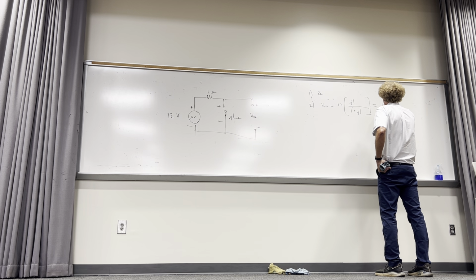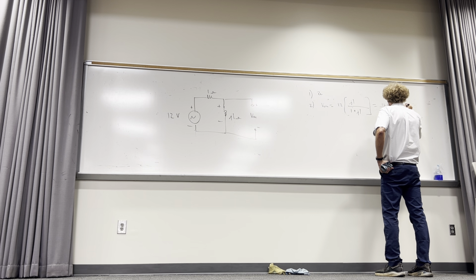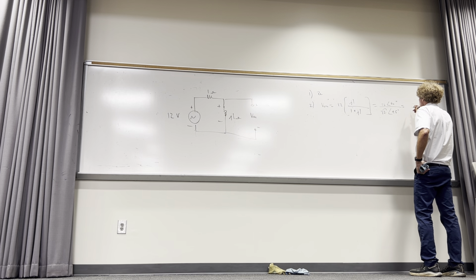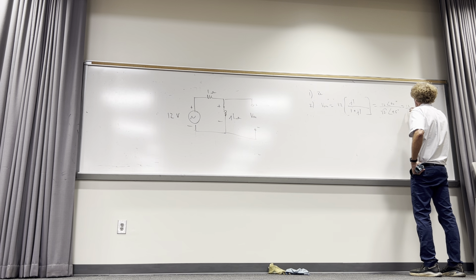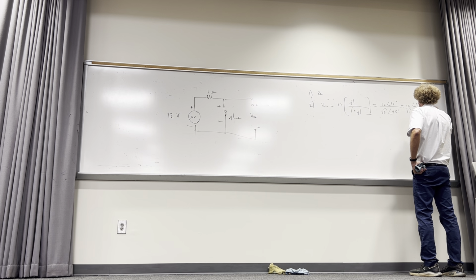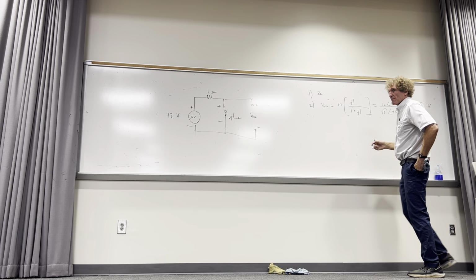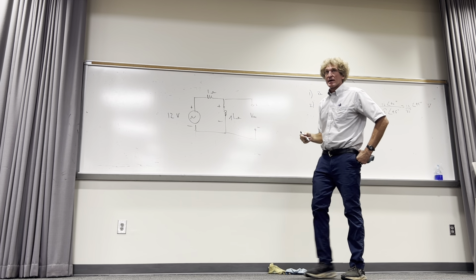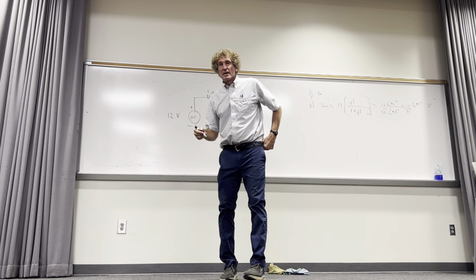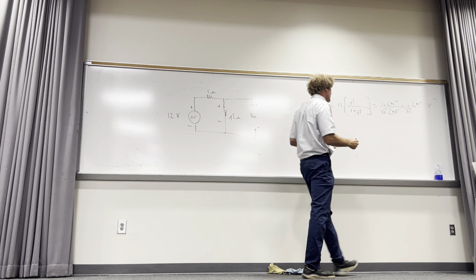So that's 12 at an angle of 90 degrees over square root of 2 at an angle of 45 degrees. So that's 12 over the square root of 2, and the angle here would be 45 degrees, volts. What's 12 over square root of 2? 8.49. Yeah, sounds right.